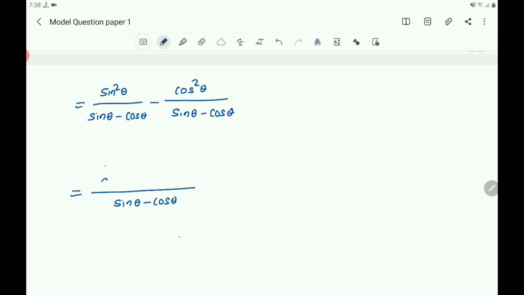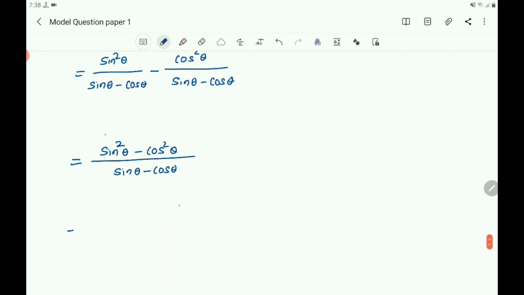Then the numerator also remains same. That is sin square theta minus cos square theta. You got this in the form of a square minus b square, and the factors of a square minus b square are a plus b into a minus b.